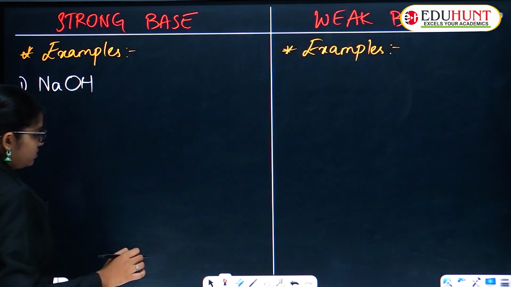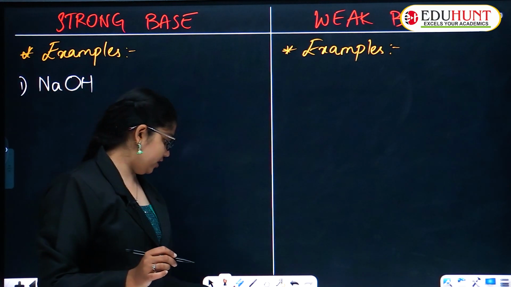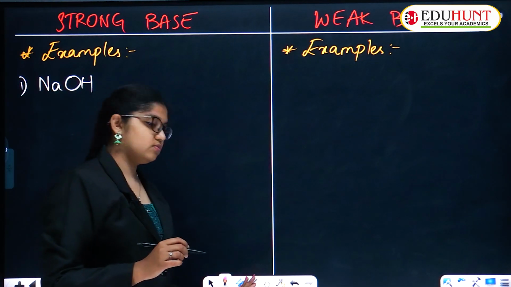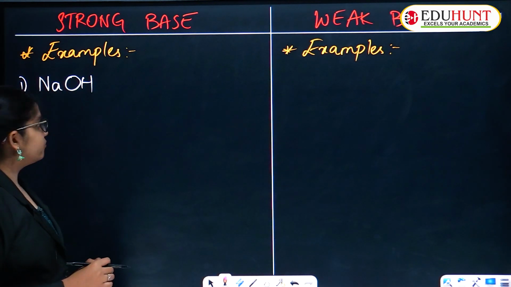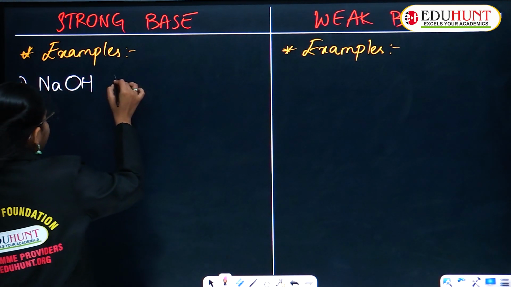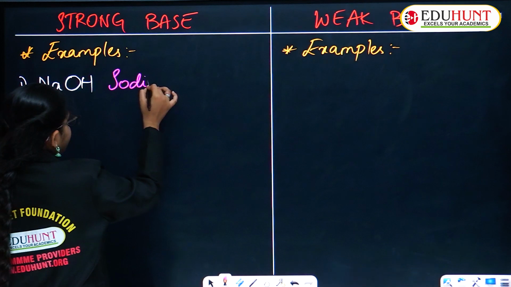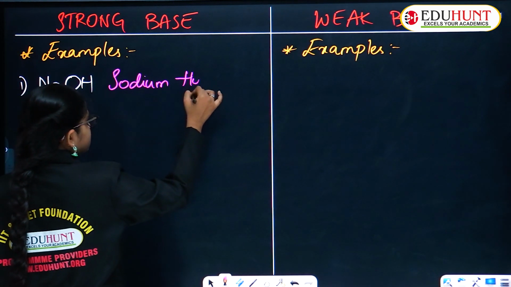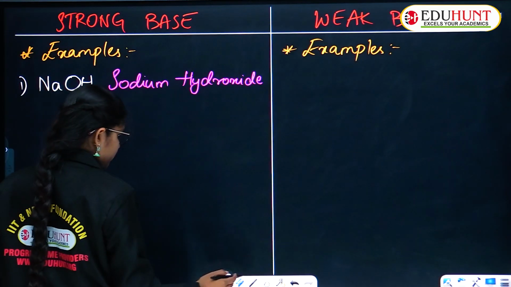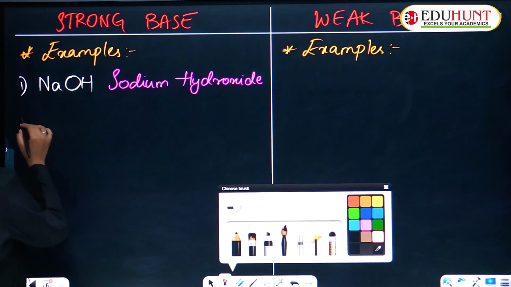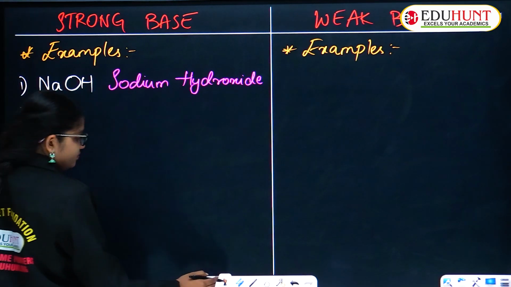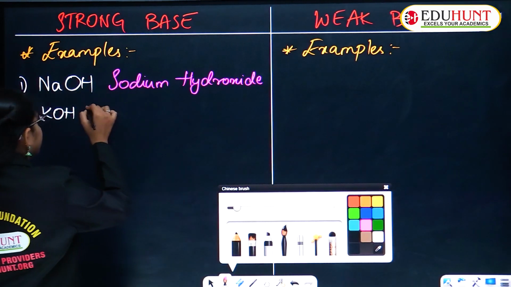What is NaOH, children? What is the name we call for the chemical formula NaOH? Very good. Sodium hydroxide. Super. And next, second example, KOH. What is KOH? Very good.